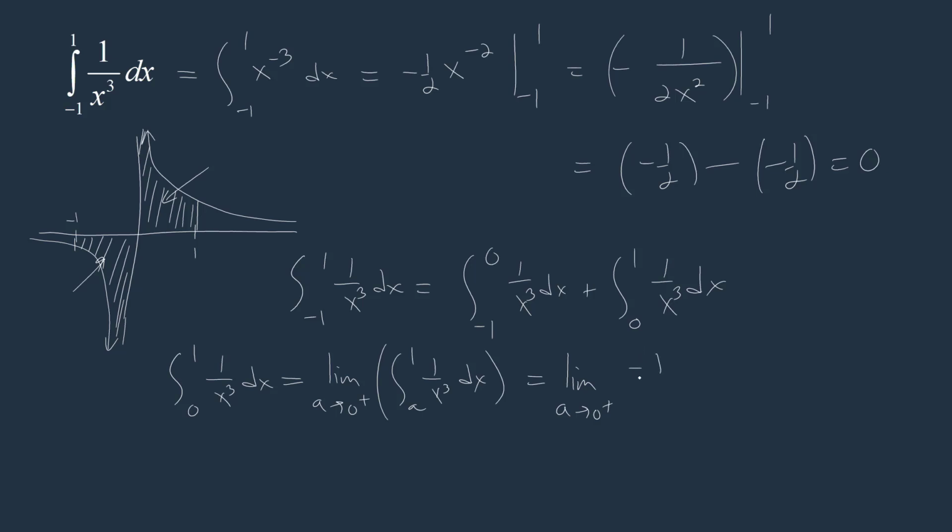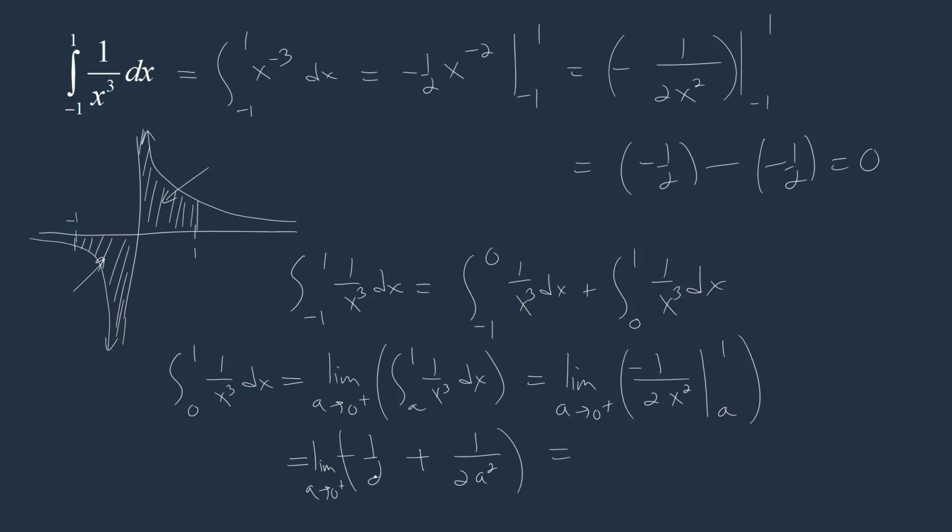It's negative 1 over 2 times x squared, and we're just evaluating it from a to 1. So just plug in 1. You get negative 1/2. Then subtract what you get when you plug in a. That'd be then plus 1 over 2 times a squared. And we're still taking the limit as a approaches 0 from the right.